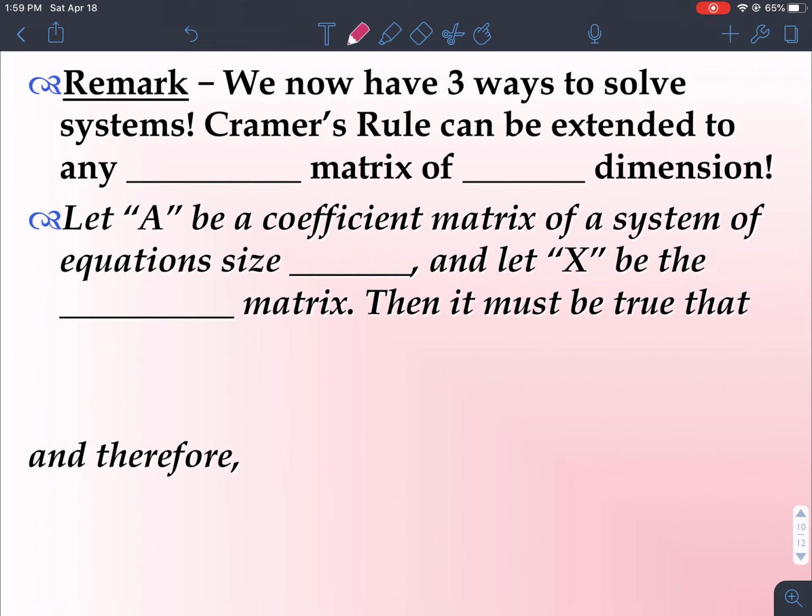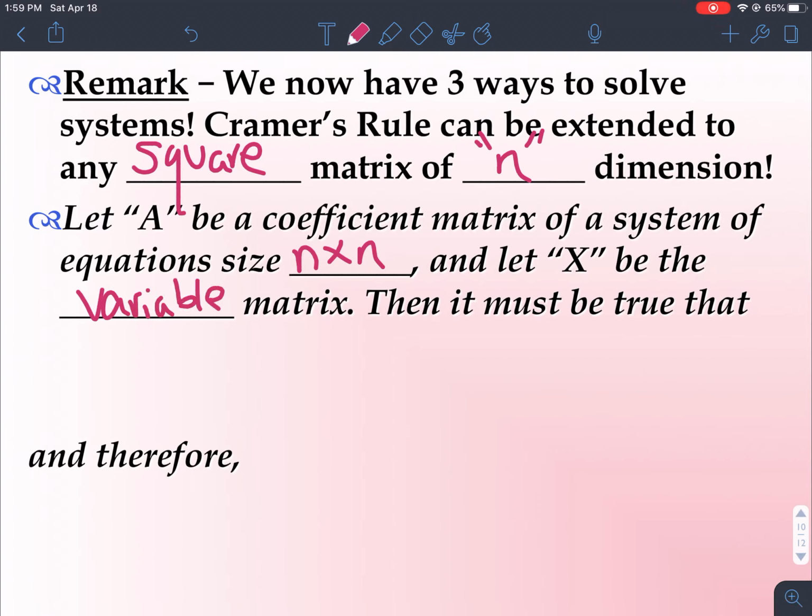Cramer's rule can be extended to any square matrix of n dimension. So let A be a coefficient matrix of a system of equations of size n by n. Let X be the variable matrix.